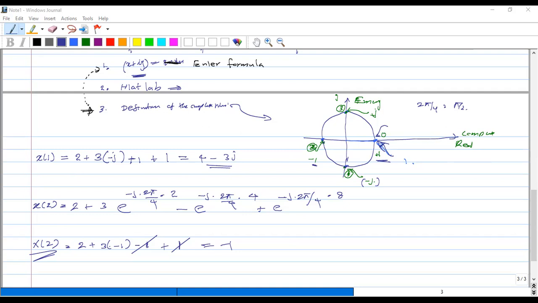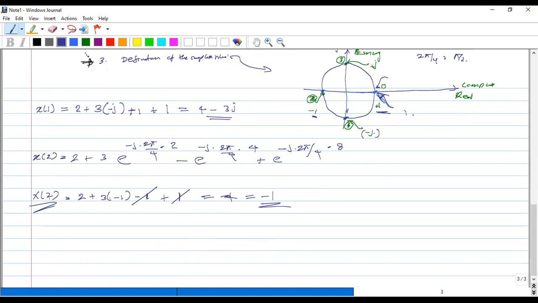So if you calculate this value, you will get minus 1. Minus 1 cancels out, 2 minus 3, we will have minus 1. So we have the same result there.